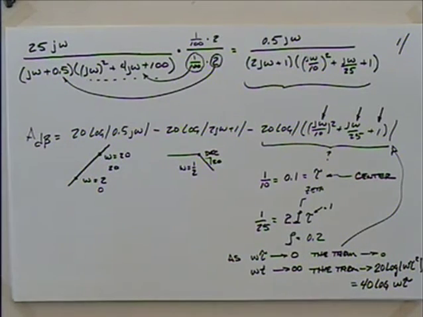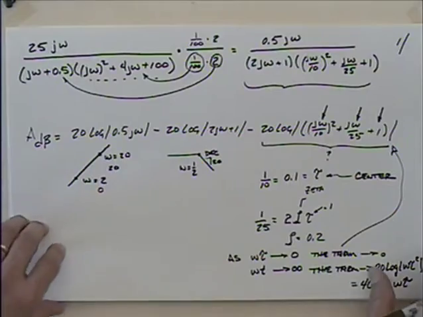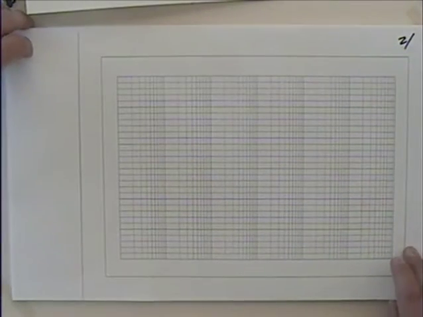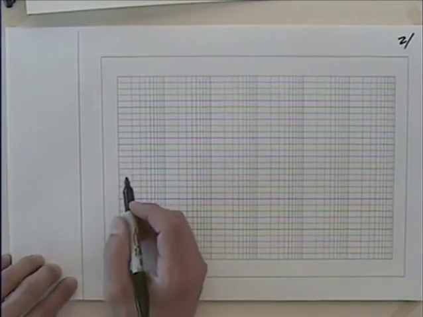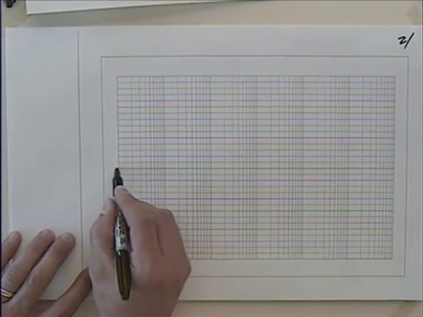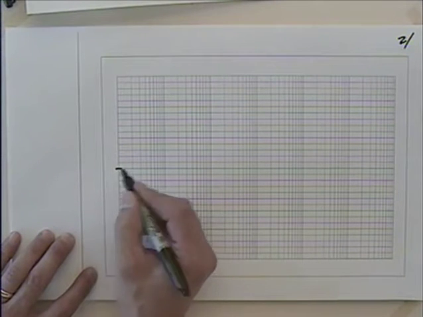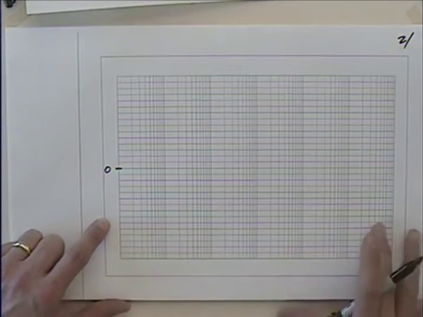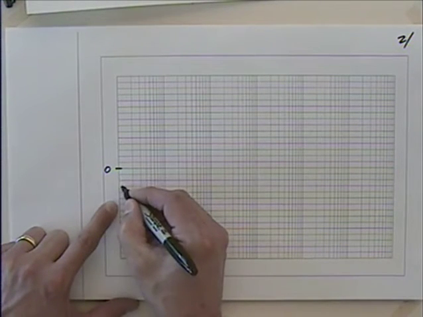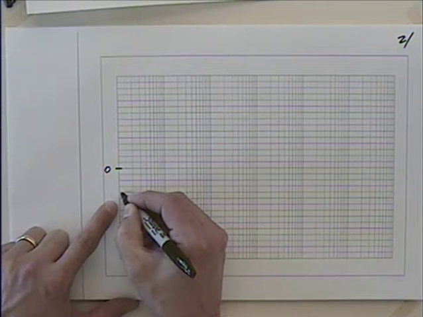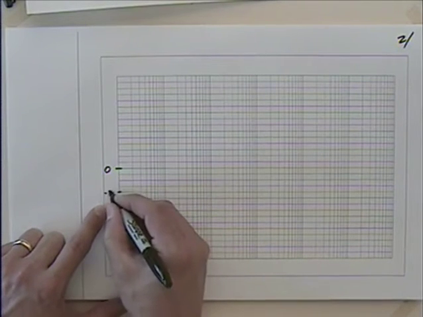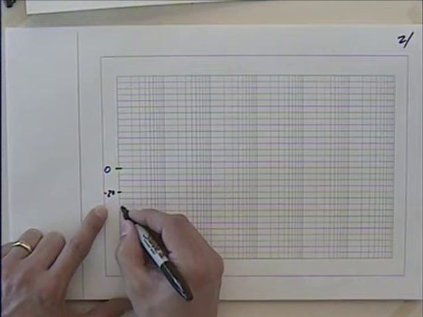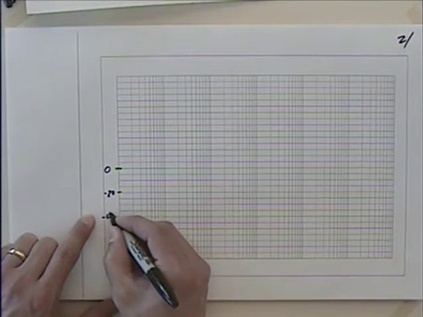Okay. Let's see what this looks like on a log plot. I'm going to start out with this thing here. I'll say that 0 is about here. Make sure I got this right. Yeah, 0. And I want to go from about minus 40. So 1, 2, 3, 4. So that's minus 20. Minus 40.